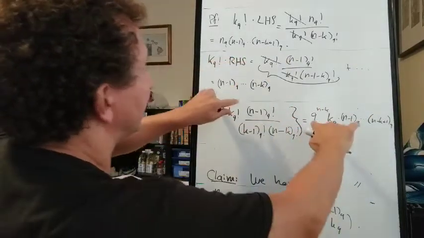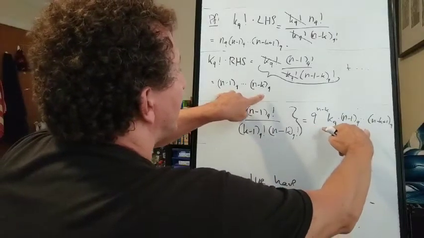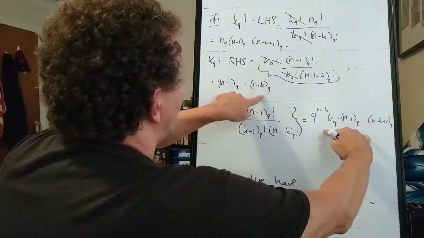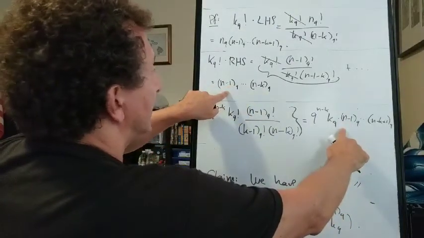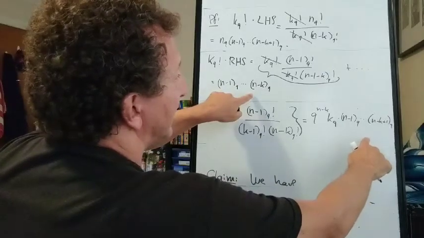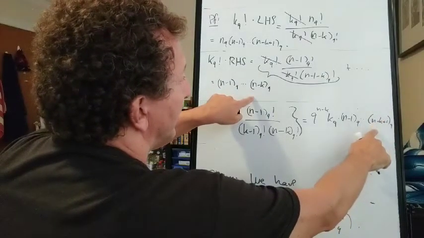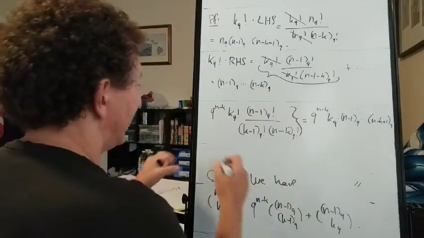We're adding these two things, and we've reduced that to the sum of these two expressions, which have a lot of factors in common. They both have n minus 1, n minus 2, all the way down to n minus k plus 1. This one doesn't quite have n minus k in it. It stops right before that.